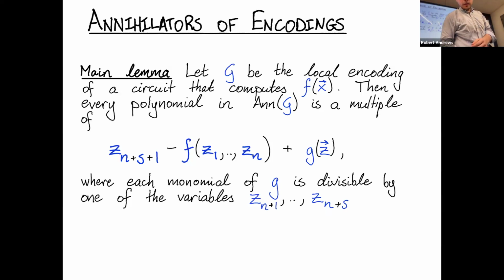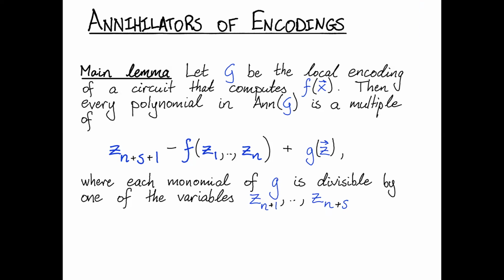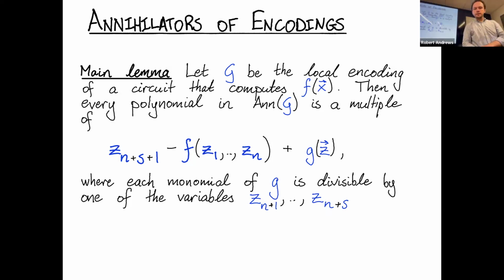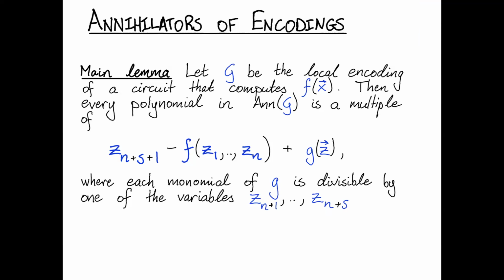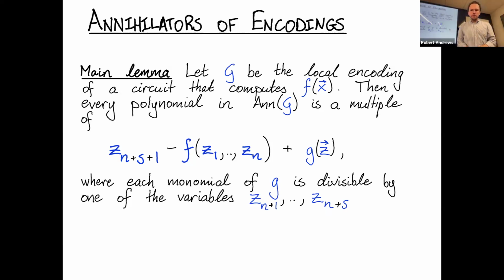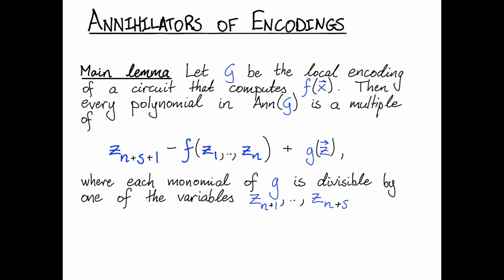Let me just... I have a question. Can you hear me? Yes, yes. Okay, great. The question's about the fan-in. If the multiplication gates have high fan-in, then you're not going to have the degree you want. It's not going to just be degree 2.